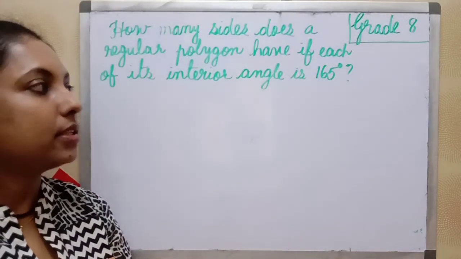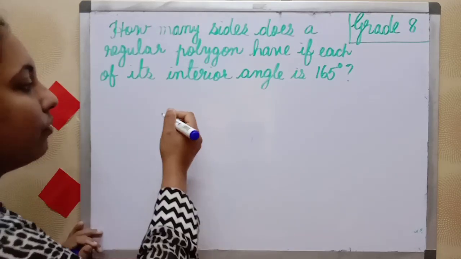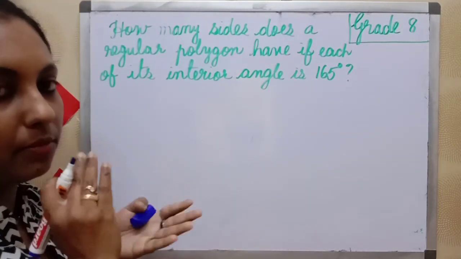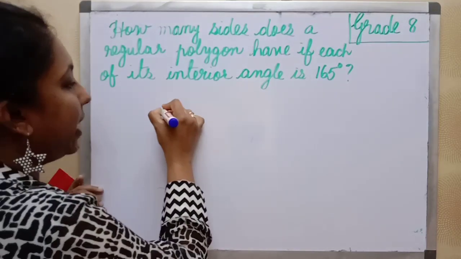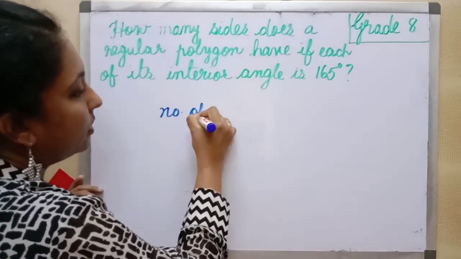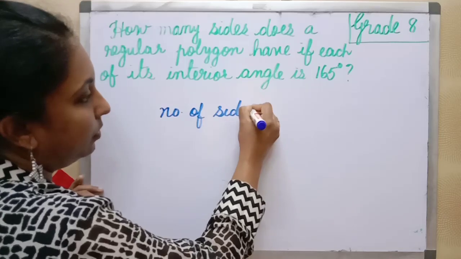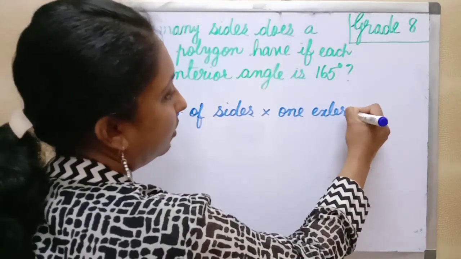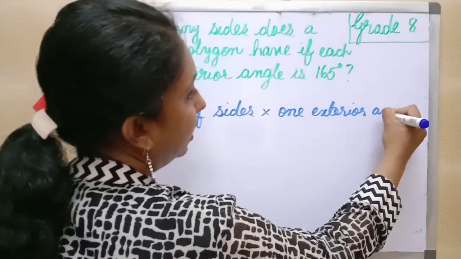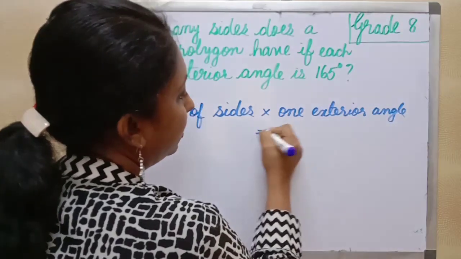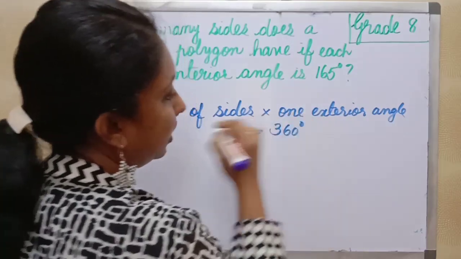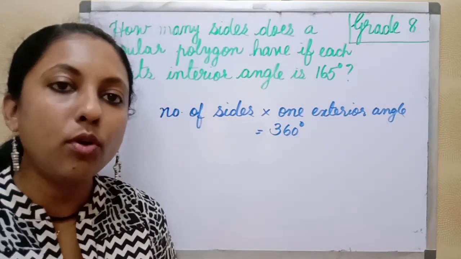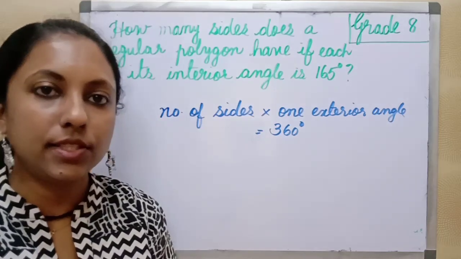Why, you know? See, the number of sides and one exterior angle have a connection between these two, that is number of sides into one exterior angle is equal to 360. The sum of the exterior angles of any polygon is 360 degree.